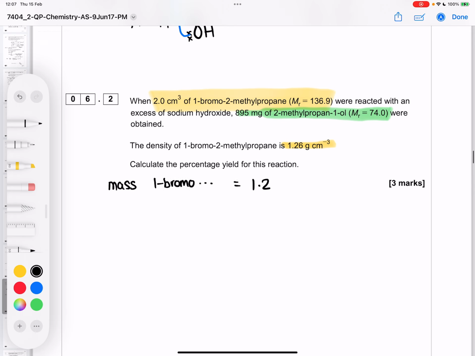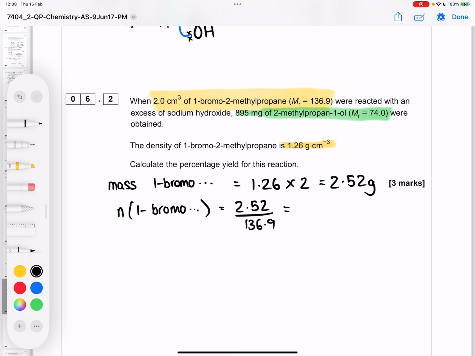It's 1.26 grams per centimetre cubed, and we've got 2 centimetres cubed, so that would be 2.52 grams. Then to find the moles, they've given us the MR. So moles is mass divided by MR.